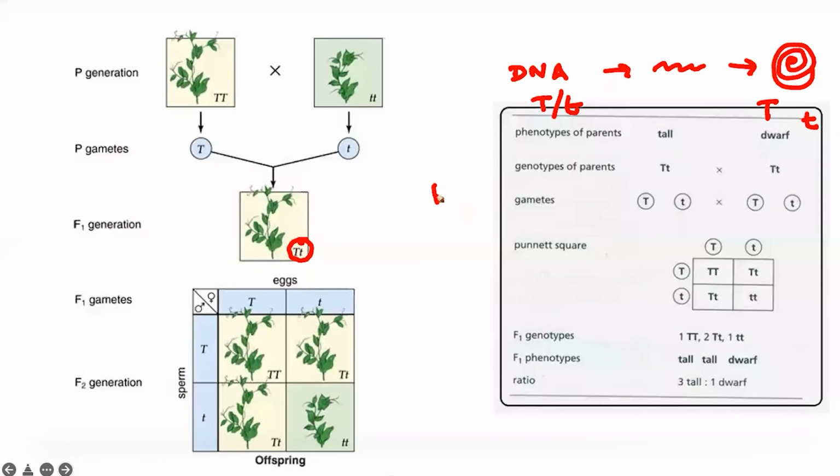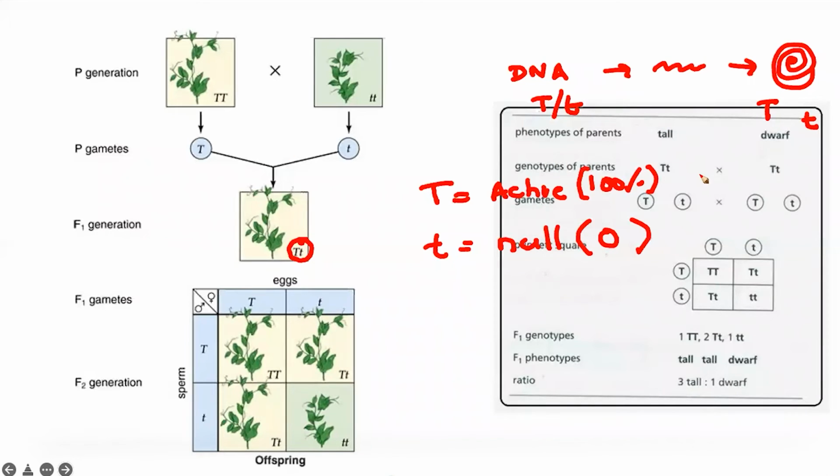Okay, so let's take your example and I will say T makes an active protein. This is the simplest example. And t is a gene which is, I'm going to use the term null, which is a genetic term, which basically means there is zero activity. And I assign the capital T as 100% activity. So now what is happening is the capital T, which is active, makes, don't take me seriously, I'm just saying it makes Horlicks.